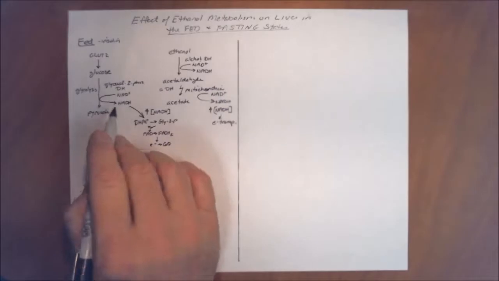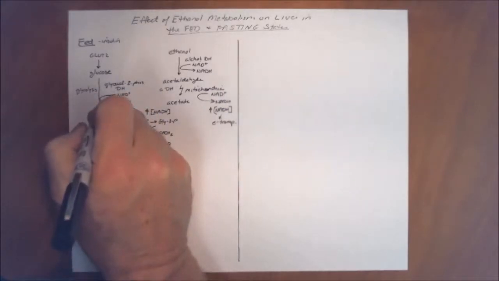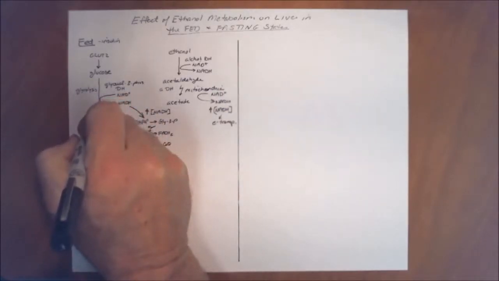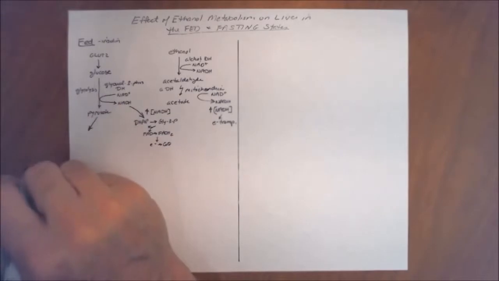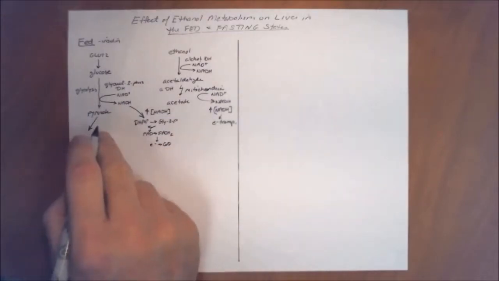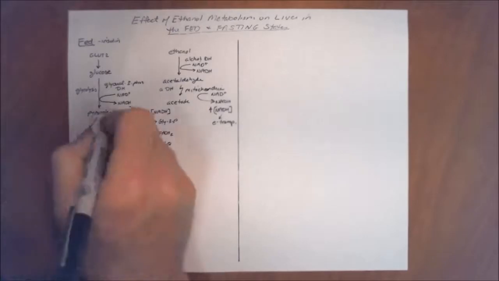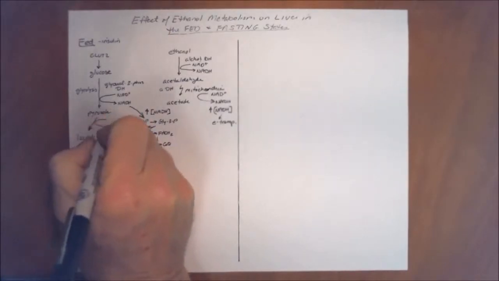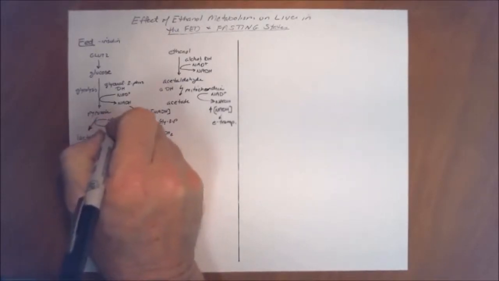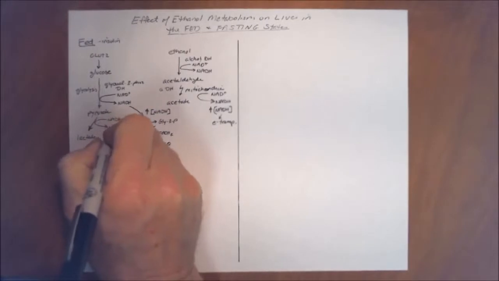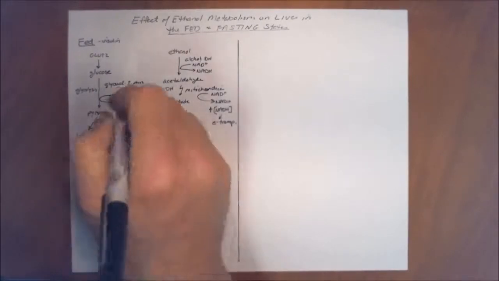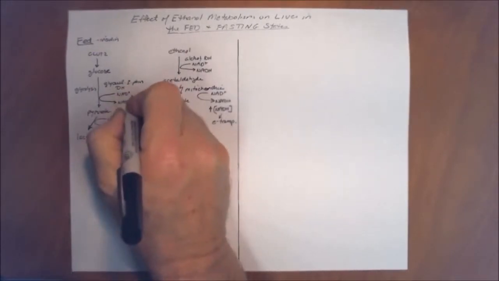So therefore, what we are going to do is shift the pyruvate, instead of entering the mitochondria to enter the TCA cycle through acetyl-CoA, the pyruvate will be converted into lactate. In doing so, we will be able to regenerate some NAD in order to keep this reaction going.